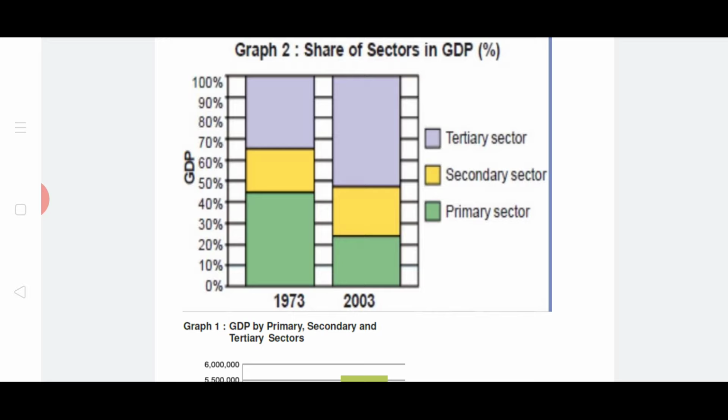There is a big change in the tertiary sector, and its area has increased the most. So comparing the 2 years, the role of the service sector has increased the most, the role of agriculture has decreased at large, and the secondary sector has increased, but not as much as expected.